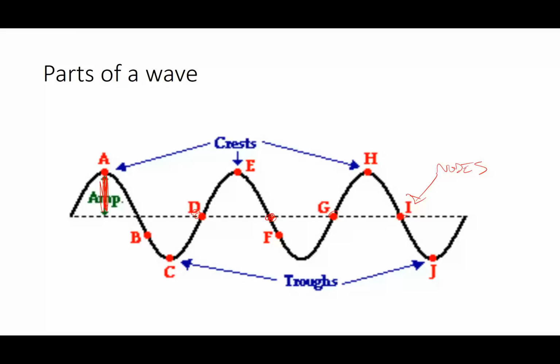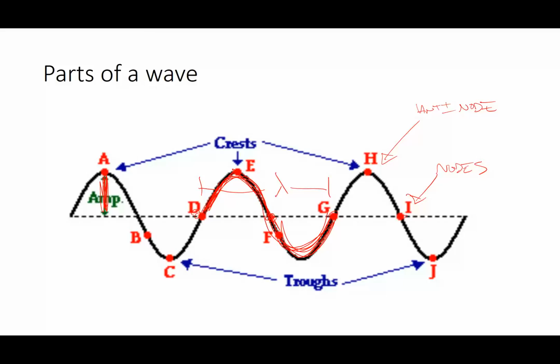And anywhere where you are the furthest maximum amplitude away, that is an anti-node. So you have crest, trough, amplitude, and you also know that a wavelength is the full up and down and back to my position of equilibrium. So this is one wavelength as well.